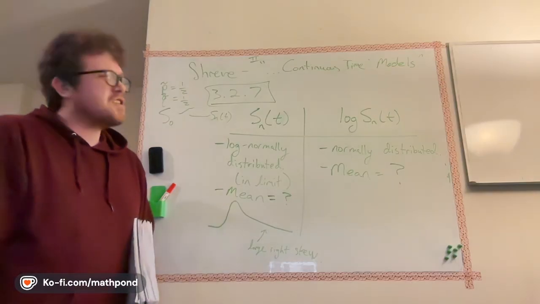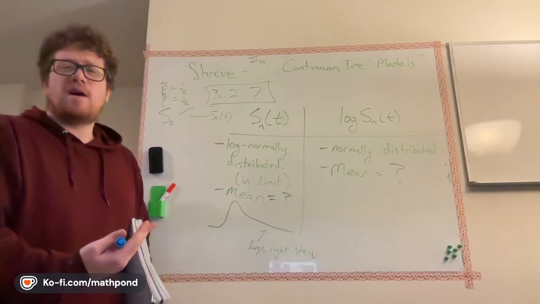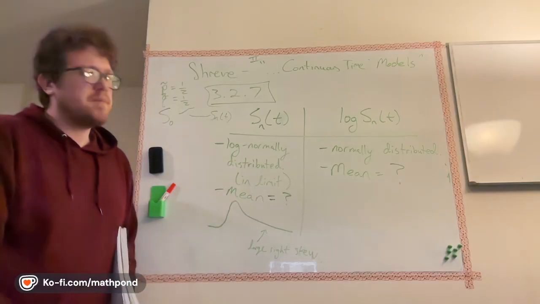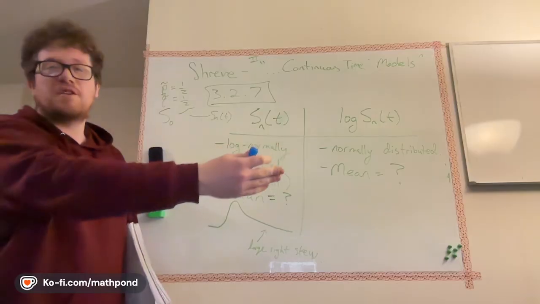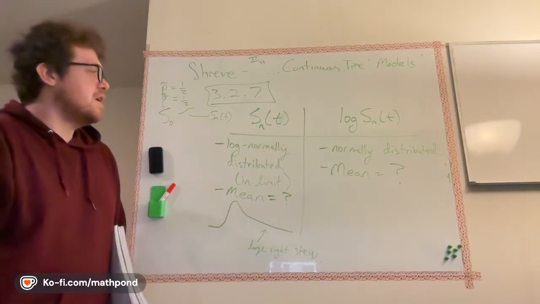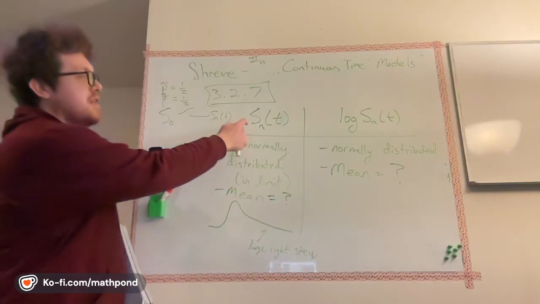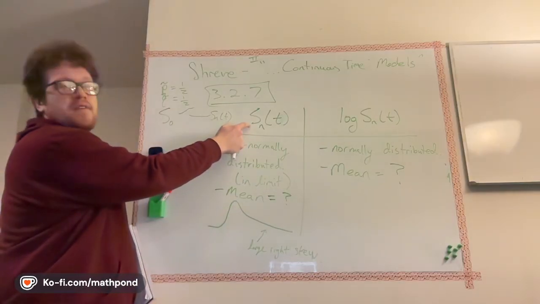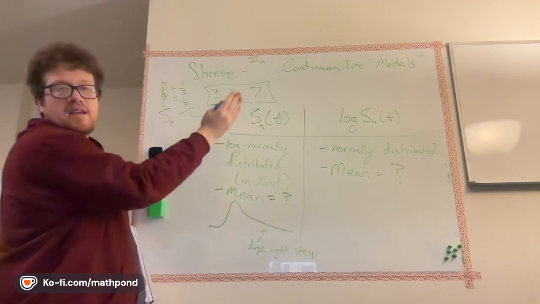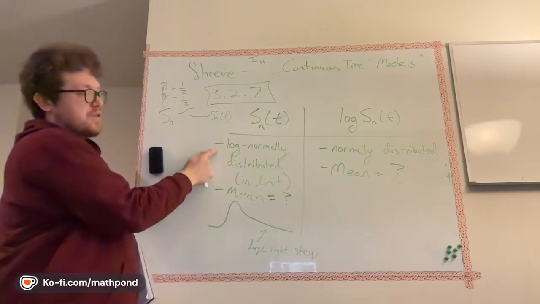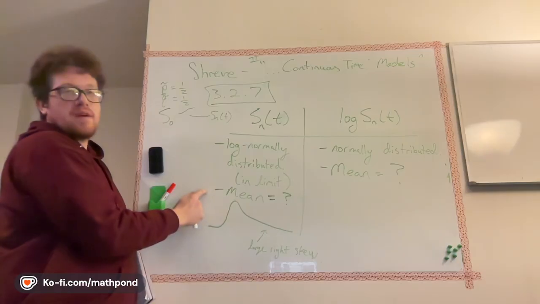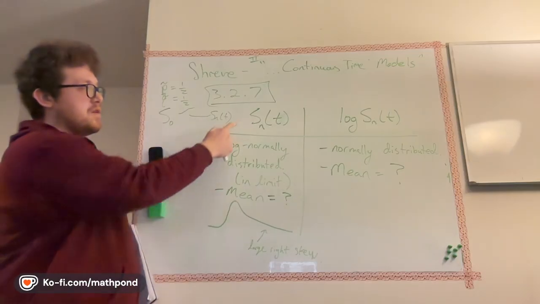Okay, anyone that just joined, we're talking about continuous time models. Last time we talked about the multi-period model. Now we're letting n, the number of periods, basically go to infinity. We said that this Sn of t random variable, supposed to represent some stock that can go up or down, was log normally distributed, and we're trying to think of what the mean is at time t.